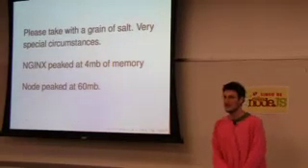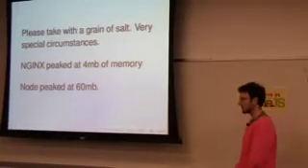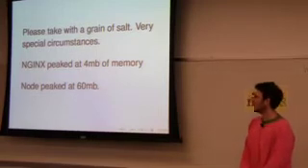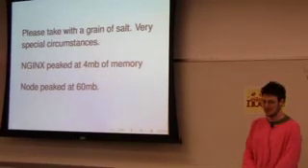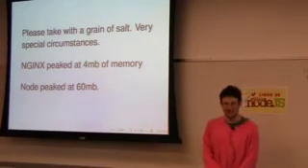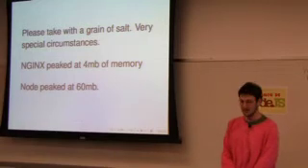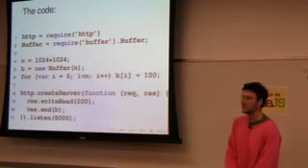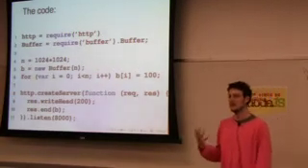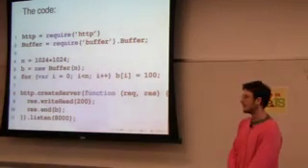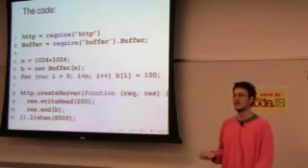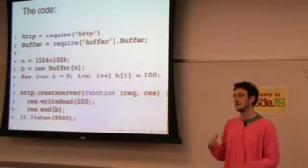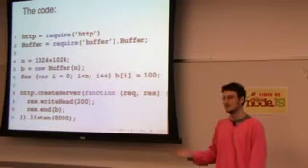I want you to take this with a grain of salt. The Nginx process was using 4 megabytes of memory, and Node was using 60 megabytes of memory. And this is a pretty specialized program where you're writing out just one chunk of memory all the time. Nginx was serving a 1 megabyte file, so it was probably doing some file system polling.